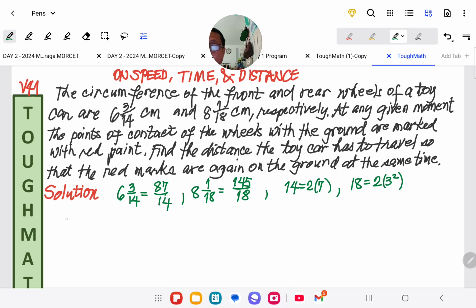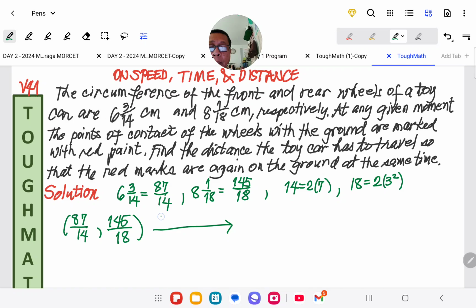So you have 87 over 14 and 145 over 18. Okay, so convert to integers for computational convenience.